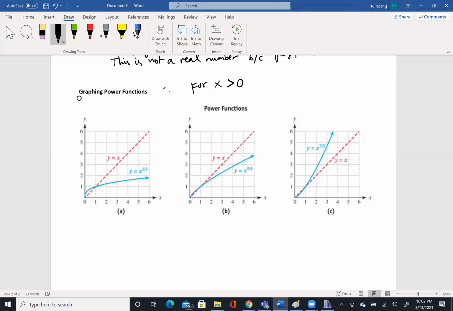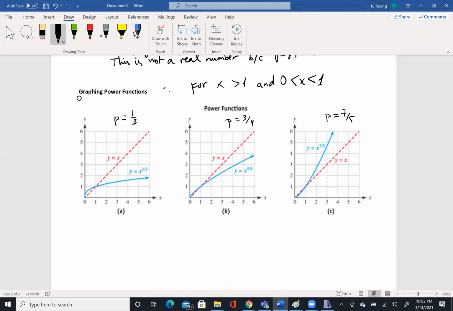Let me say for x greater than 1, and x just from 0 to 1, not inclusive. And see what happens. For the first graph I have p equal to 1/3. For the second I have p equal to 3/4, and for the third I have p equal to 7/5.